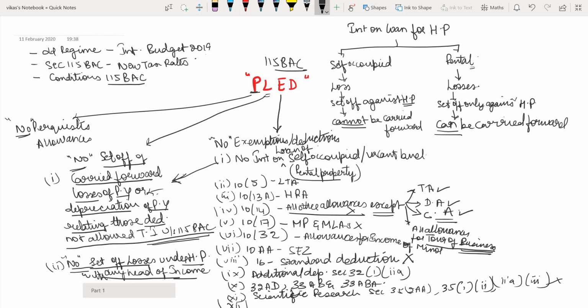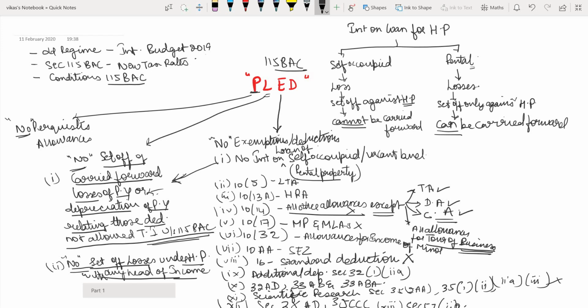Then the 12th one is section 35AD and 35CCC, which are not allowed. Then the 13th one is the allowance for family pension, that is section 57(iia), which is not allowed.